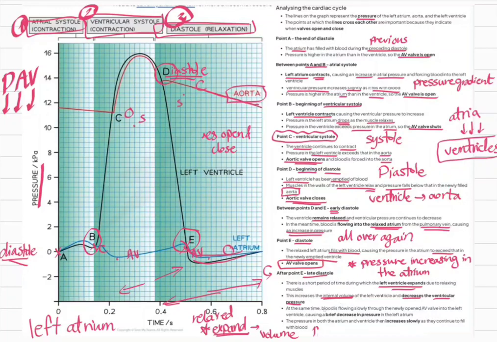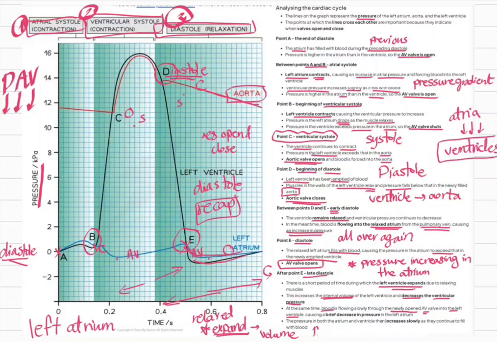At the same time, blood is flowing slowly through the newly opened AV valve into the left ventricle. Did you get what's happening? It's like the diastole phase is almost a recap of what happens in the ventricular systole and the atrial systole too.